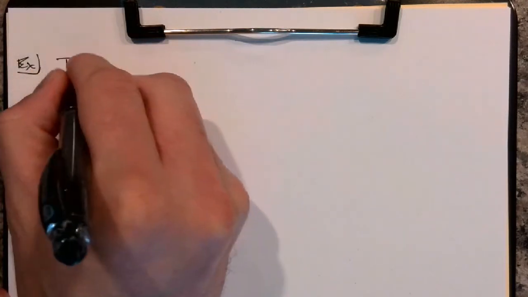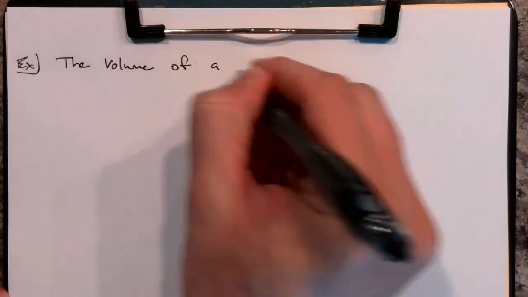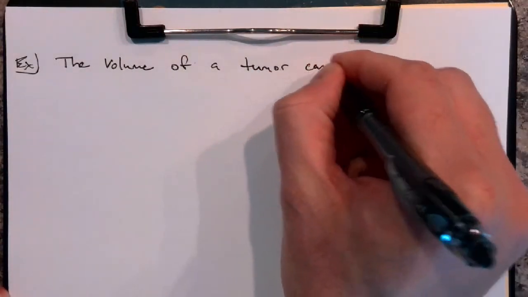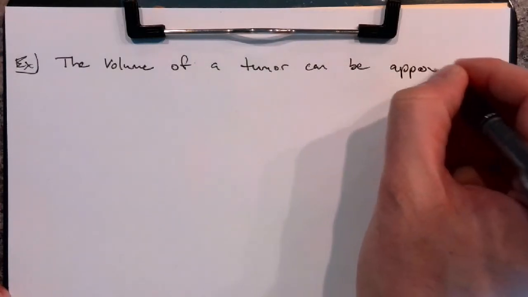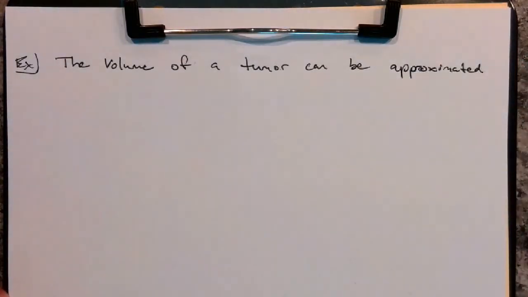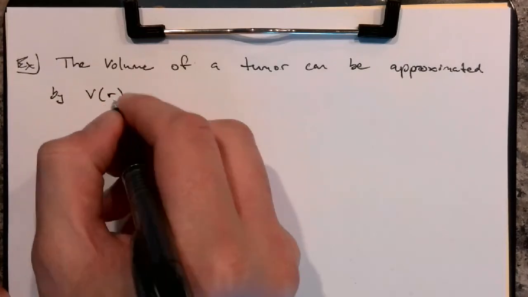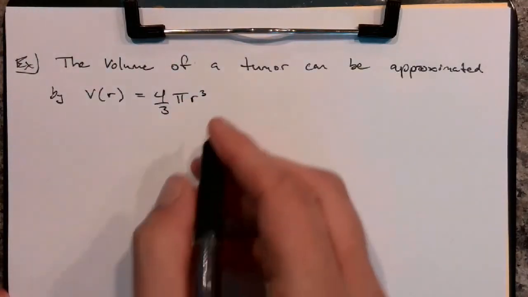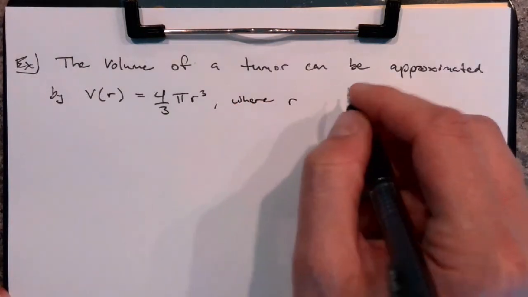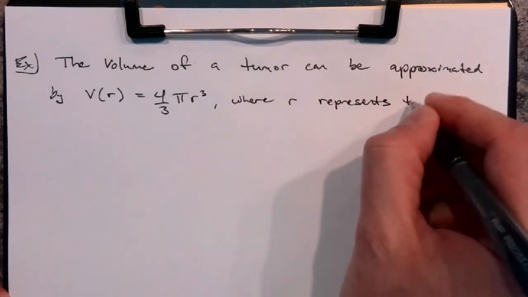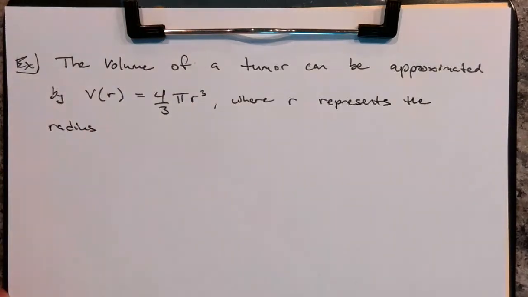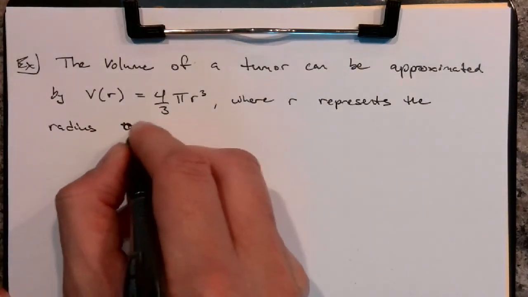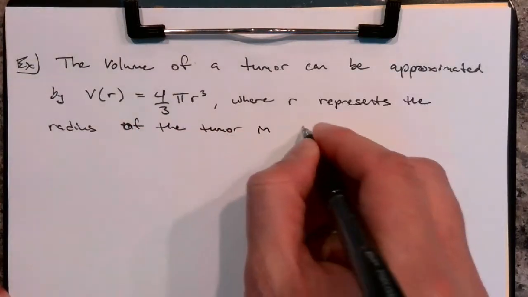So for this example here, we'll say the volume of a tumor can be approximated by V of r equals 4/3 pi r cubed, where r represents the radius of the tumor in centimeters.